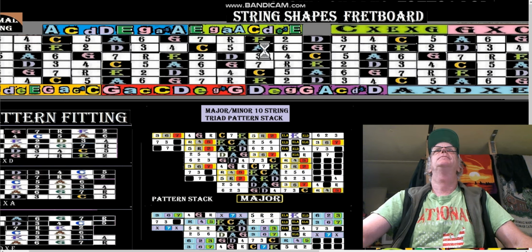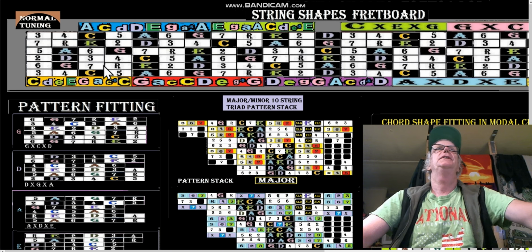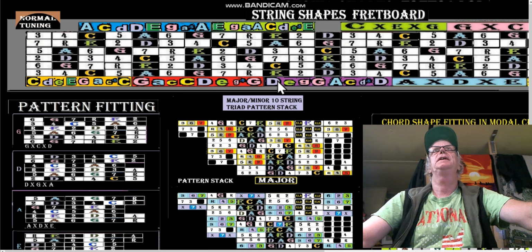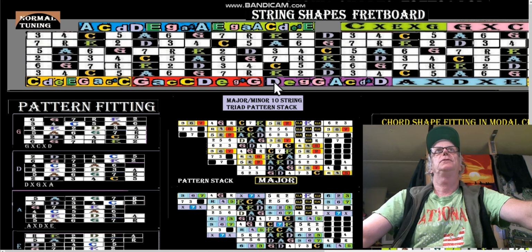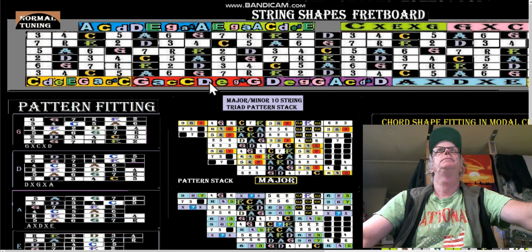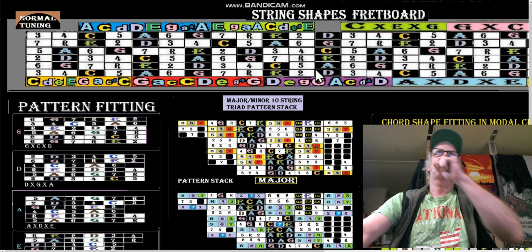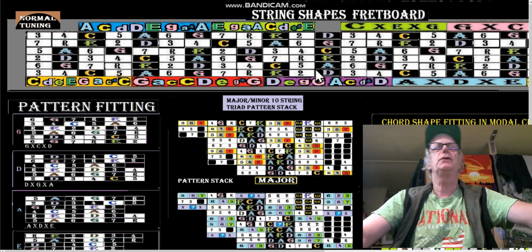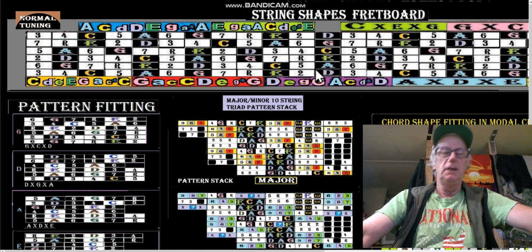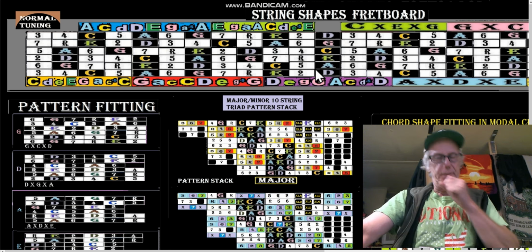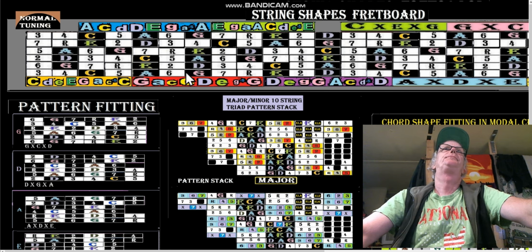CAGED is C, A, G, E, D. The entire CAGED boxes, just call them the letter boxes. They call them the positions, but they're actually pentatonic scale inversions.